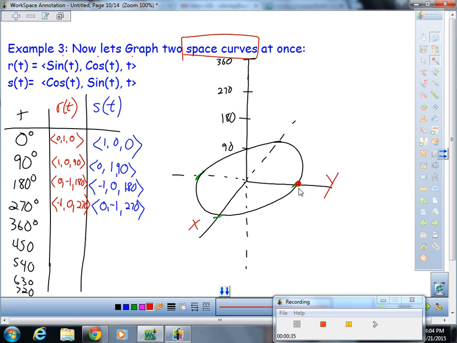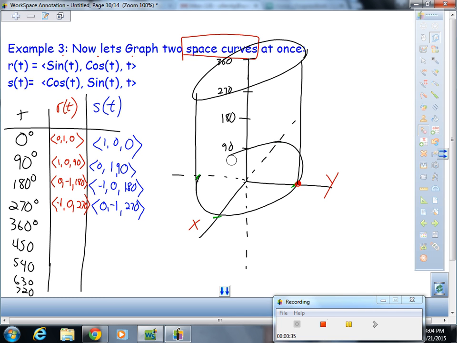Okay, now this thing is going to be growing up the side of this cylinder. Now this cylinder would be dashed in the back.